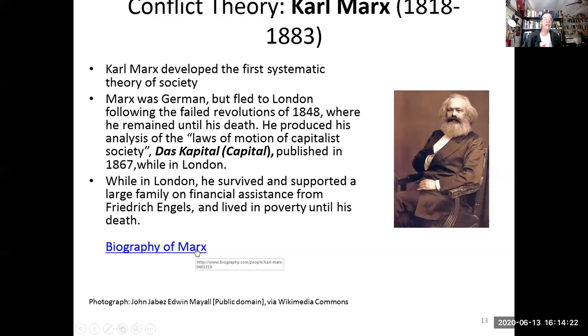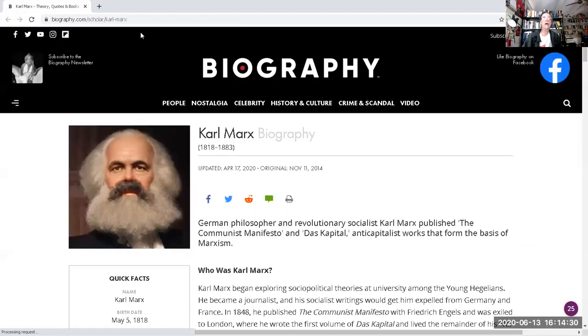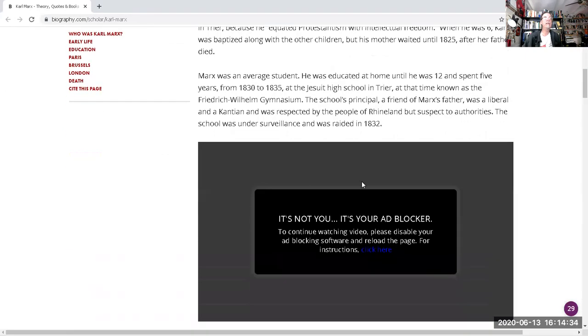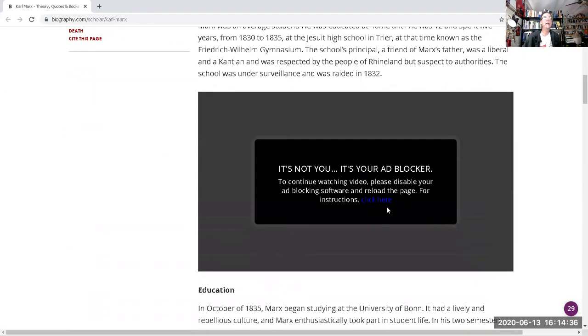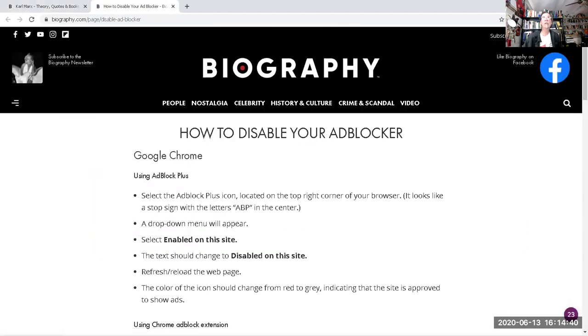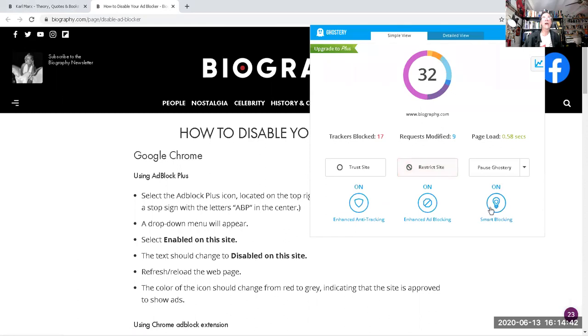I think it should have, let's see if this is going to work. Just gotta drag this over here, I'll bet. And let's see, should have my ad block. How about that?